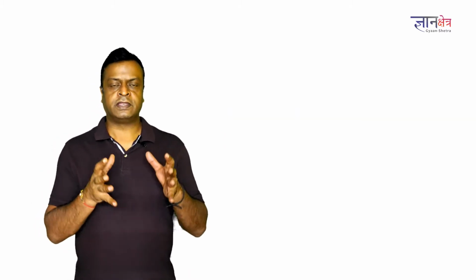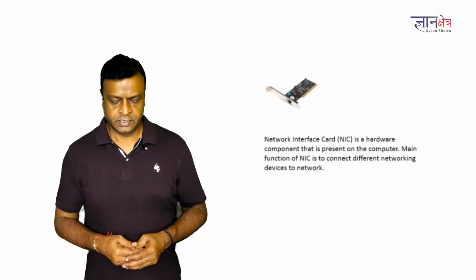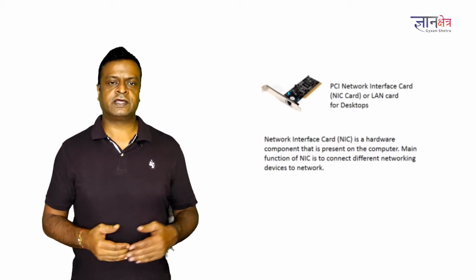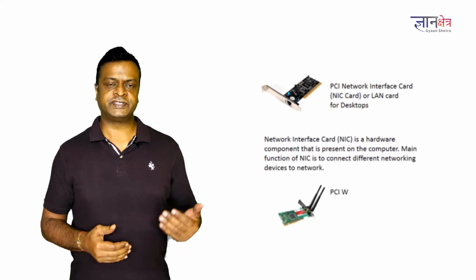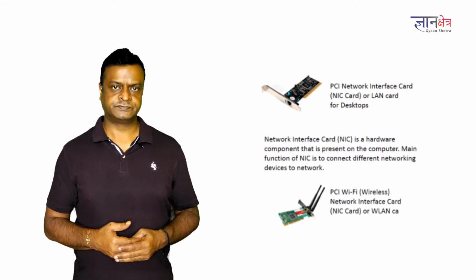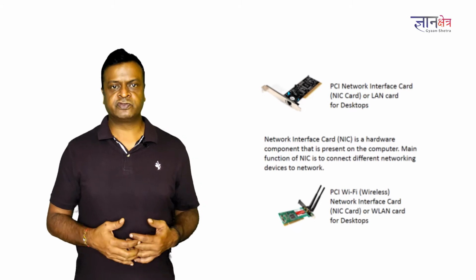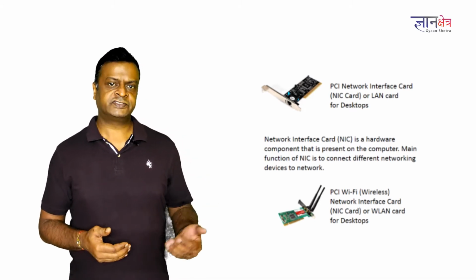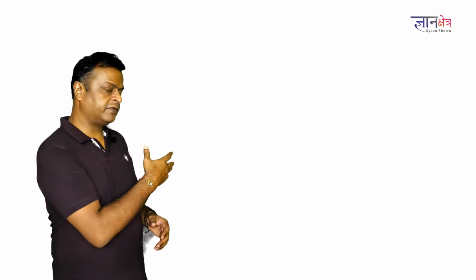First, we'll check whether we have a LAN card in both computers. A LAN card is also known as a NIC card, or network interface card. The basic function of the network interface card is to allow devices to connect to the network. Let's see how we can check whether we have a network interface card in our system.